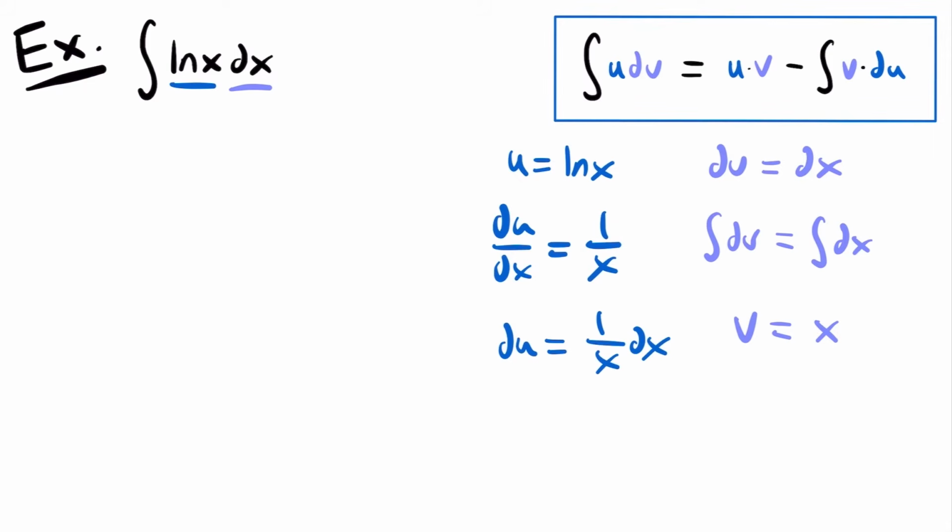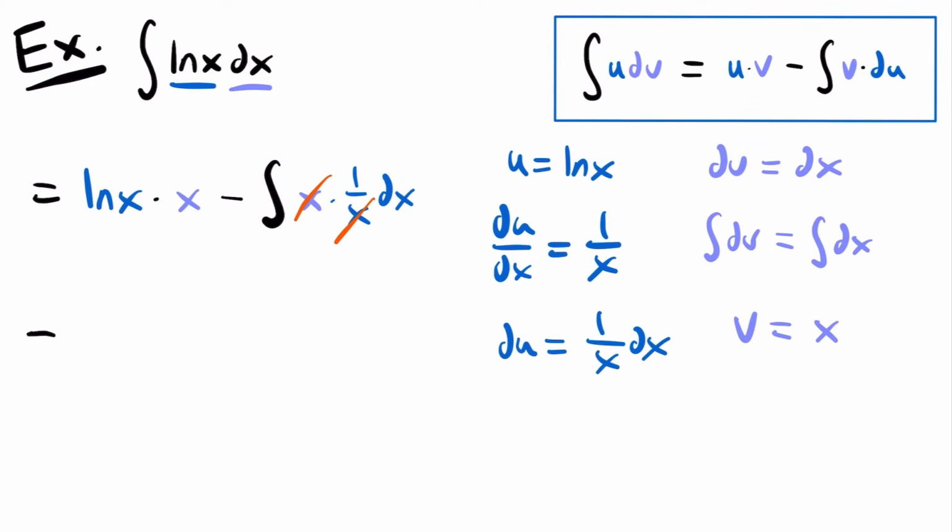Okay, and so let's rewrite this integral using this expression. So we'll have u times v, which will be the natural log of x times x, and then we will subtract the integral of v, which is still x, times du, which is 1 divided by x times dx. Now notice that this x will cancel out with this x, and so we're just going to have the integral of dx, or the integral of 1 dx.